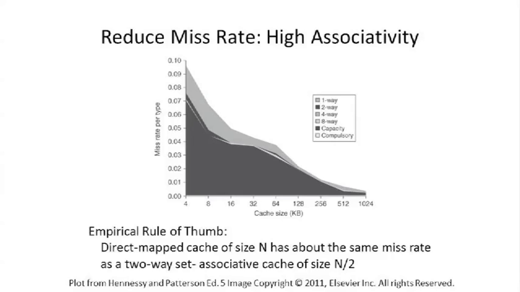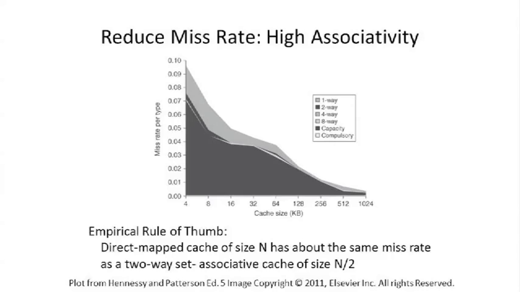So let's look at the rule of thumb here. It basically says a direct mapped cache of size n has about the same miss rate as a 2-way set associative cache of size n over 2. That sounds crazy good. How is that possible? It means we should always go with at least 2-way set associative caches.